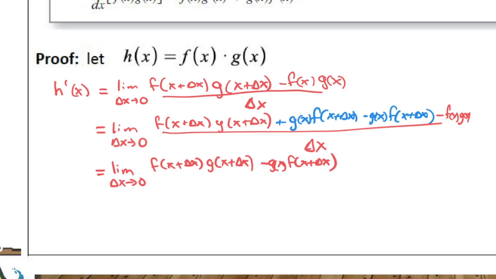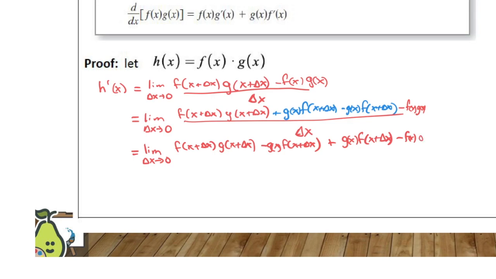After that, we group our other two terms, which gives us plus g of x times f of x plus delta x minus f of x times g of x. Each one of these is divided by your delta x.